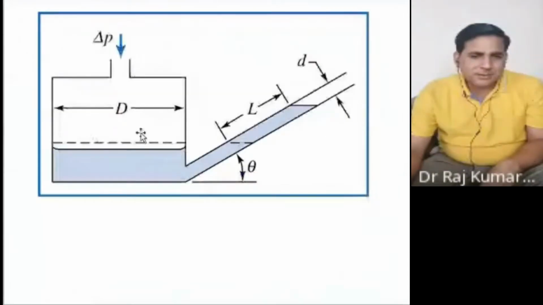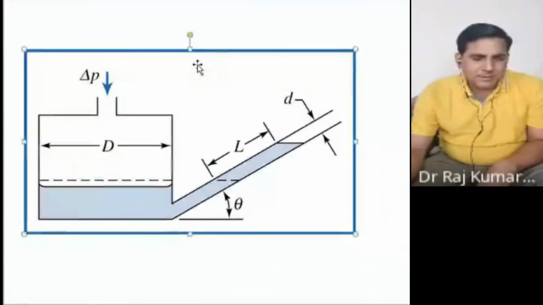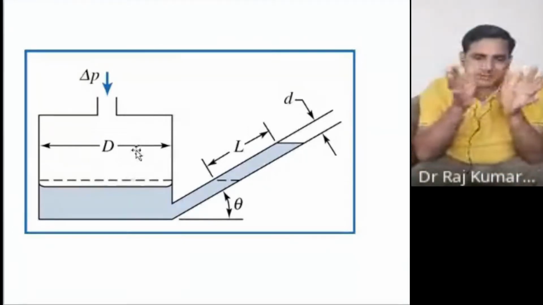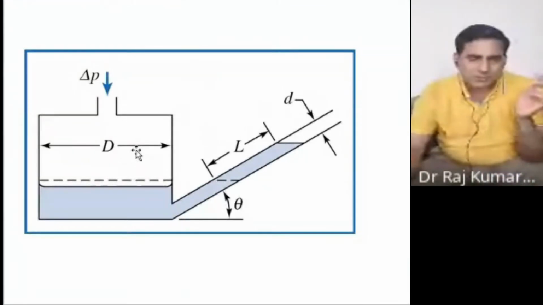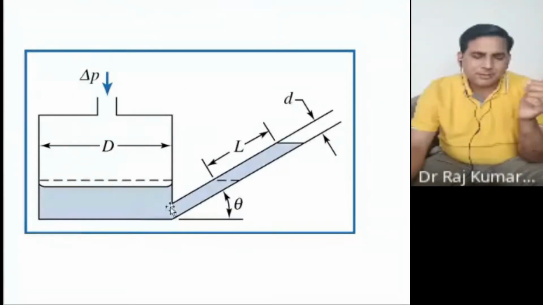Here you have an inclined tube manometer. You have a big reservoir at one place, this container, and after that it has an inclined tube.